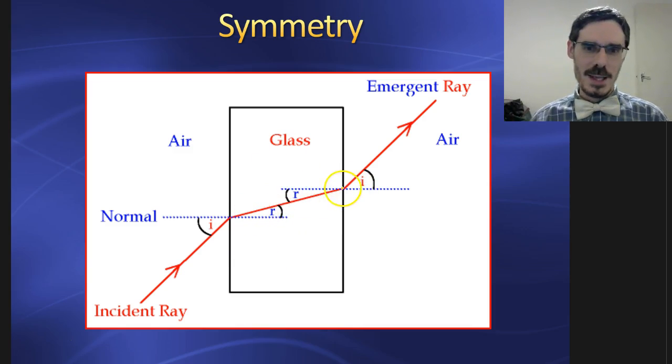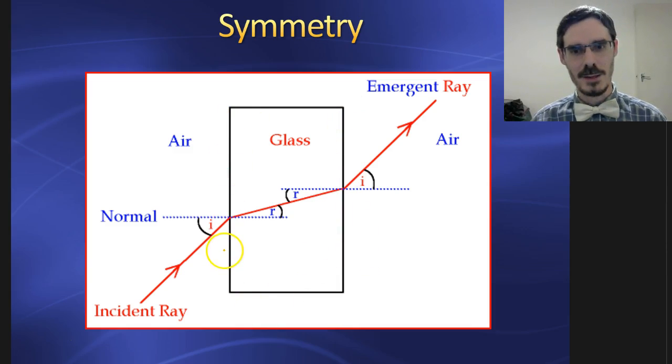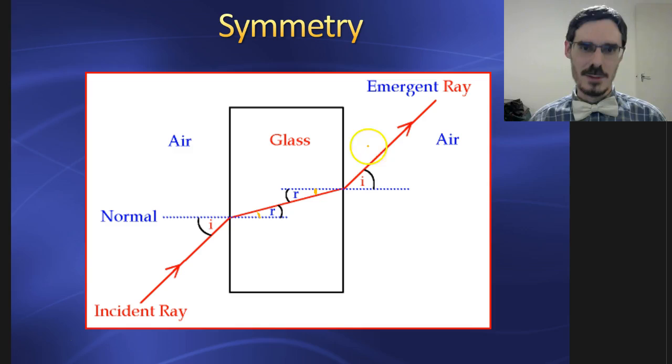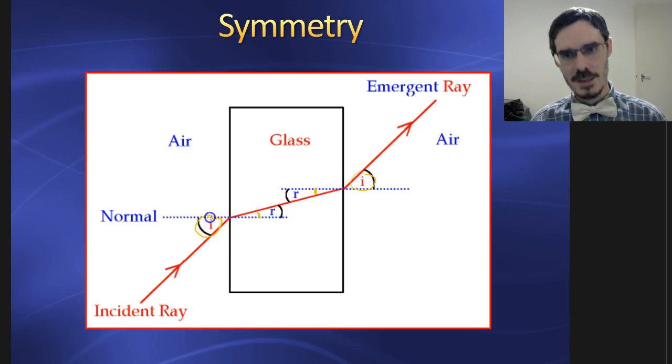What happens when it gets to the other side, assuming these two sides of the block of glass are actually parallel? Well, in that case, this here is a Z, so this angle in here is the same as this angle up here. And then, because the two media are the same, still glass and air, it's going to bend away from the normal to the same angle here as it came in at over here.